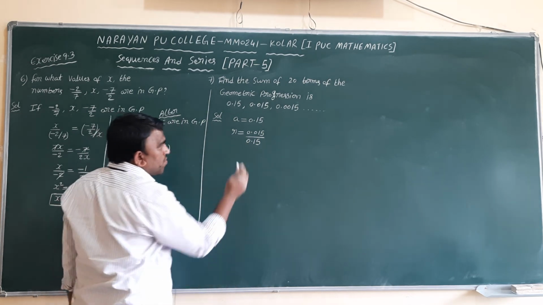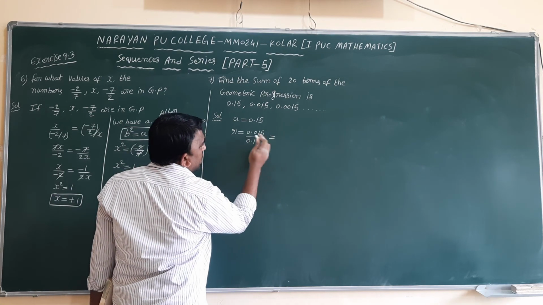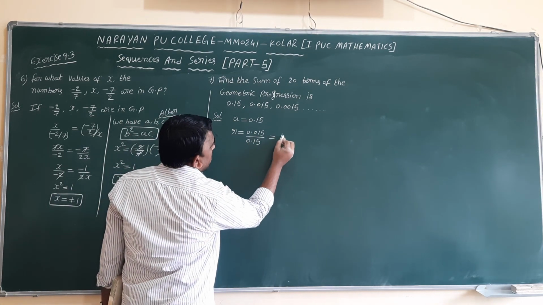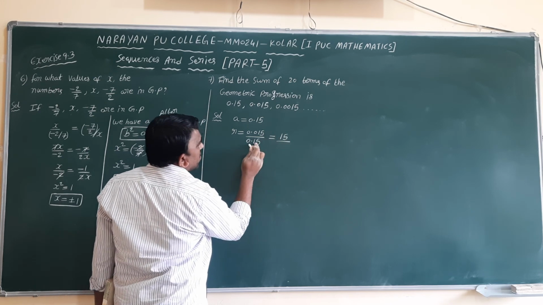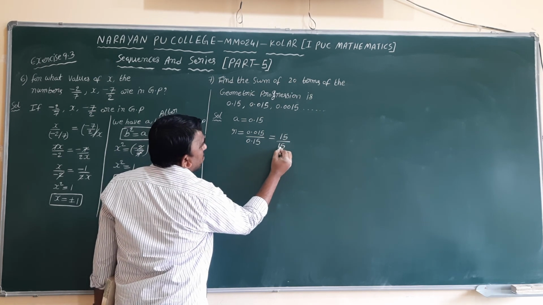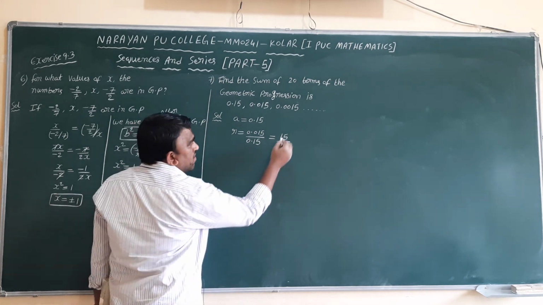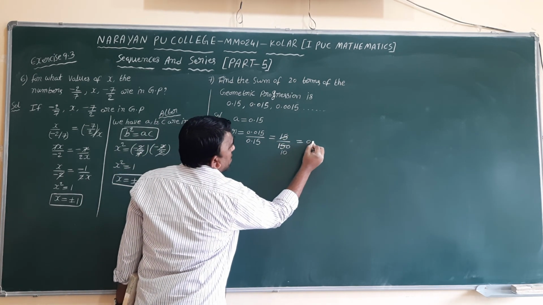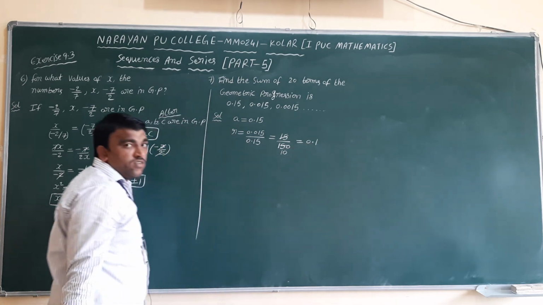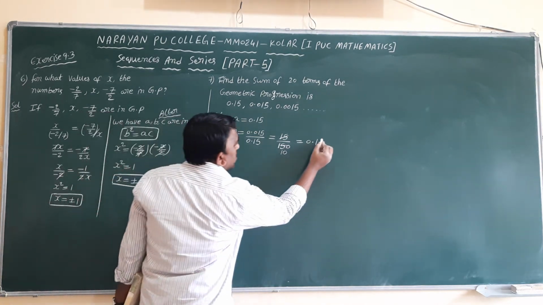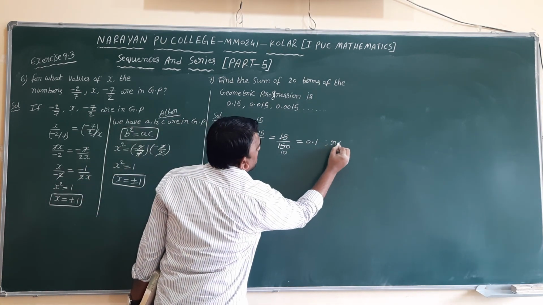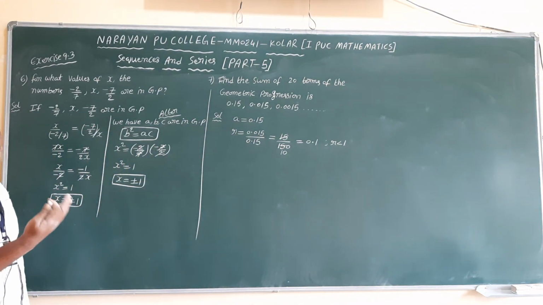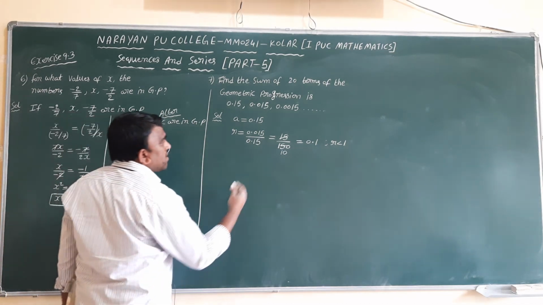If you want to remove the decimals, we multiply with 1000, then we get 15 divided by 150. So 1 by 10 is 0.1. So 0.1 is less than 1. So here R value is less than 1, so we can apply A into 1 minus R power n divided by 1 minus R.